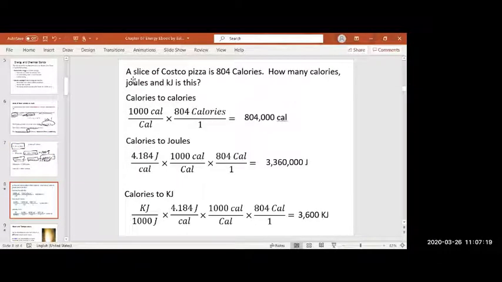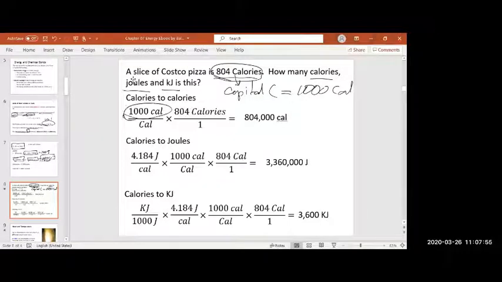Here we have some examples about unit conversion. For example, a slice of Costco pizza is 804 calories. How many calories, joules, and kilojoules is that? Look at here, this is Calories with capital C, which represents 1,000 small c cal, so you just multiply it by 1,000 to get this amount in small c cal.